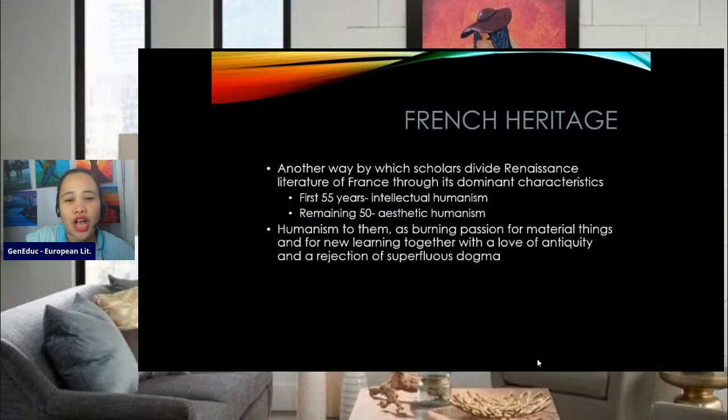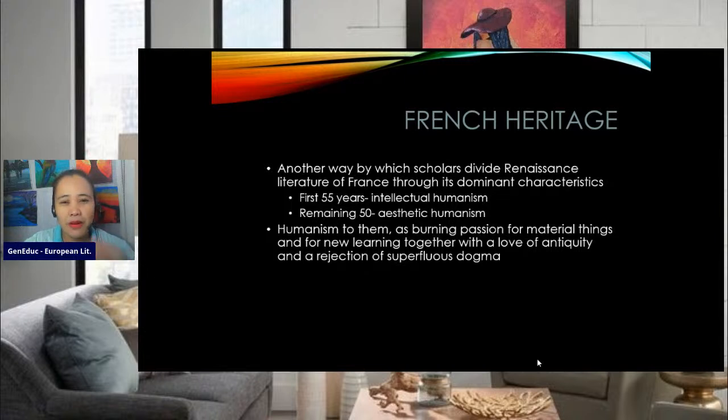Another way by which scholars divide the Renaissance literature of France is through its dominant characters. First, 55 years of intellectual humanism. Remaining 50 years, aesthetic humanism. When we say intellectual humanism, it's more on logic, analogy, interpretations. It's more on the mind. And when we say aesthetic humanism, it's more on entertainment.